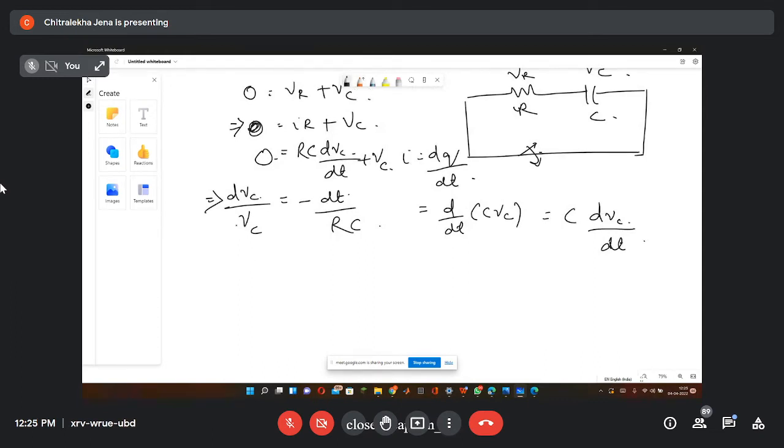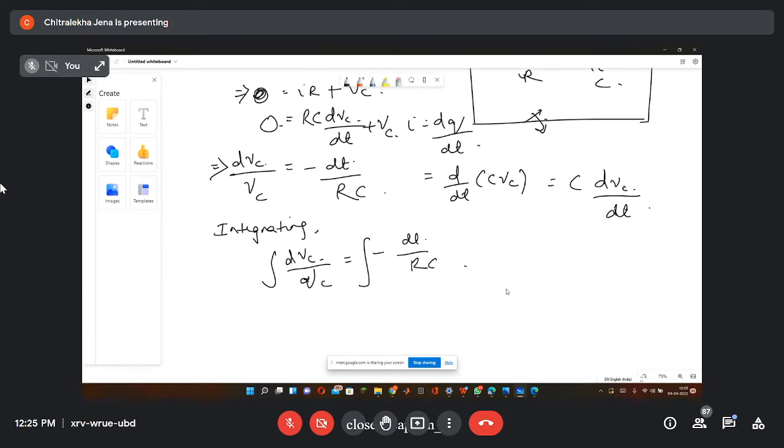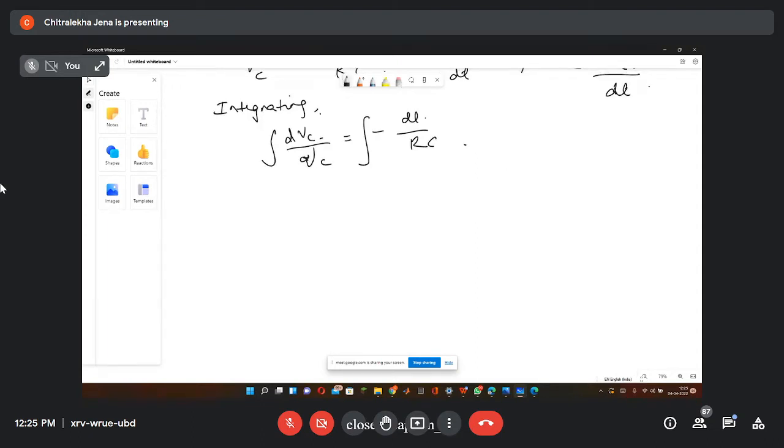Okay. So now integrating both the sides, my aim is to find out the value of VC. Integration of dVC by VC is equal to integration of minus dt divided by RC. Do the integration and tell me.